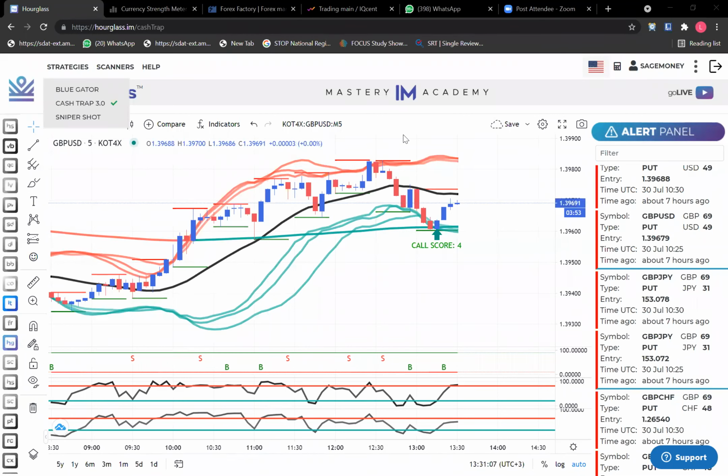So your old resistance can become your new support, and your new resistance can become your old support. What do I mean? Your old resistance can become a new support. This is a resistance. I don't know if I can draw a line here.